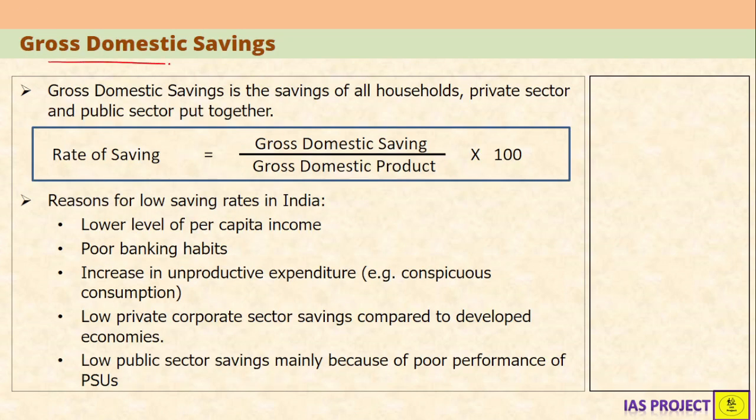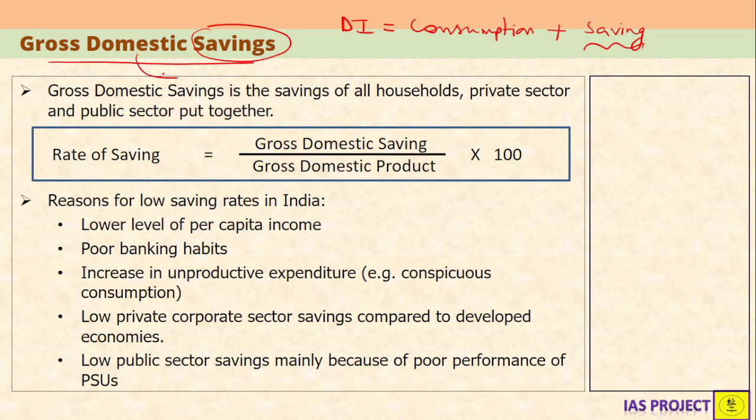Let's talk about gross domestic savings. We know that within disposable income, we have two components, that is, consumption as well as savings. Domestic savings are nothing but the savings of the country. Gross, as we have already discussed, simply means total.